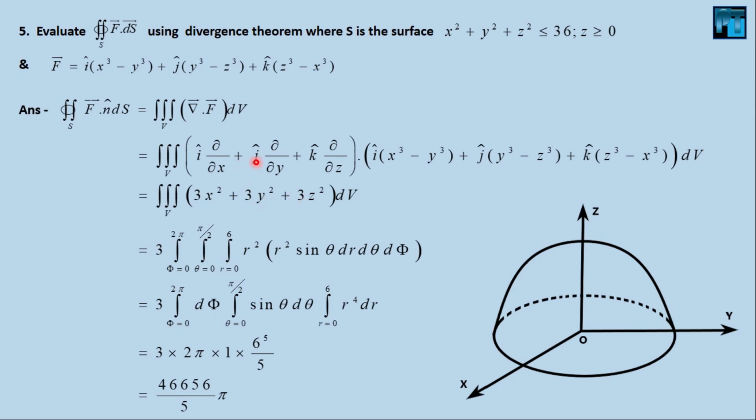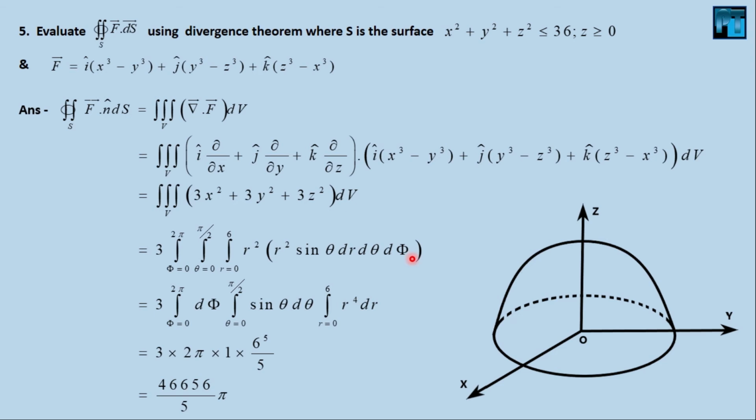Now after the dot product, we have 3(x² + y² + z²) dV. Now what is the value of x² + y² + z²? That is r². And what is the value of dV in spherical coordinates? That is r² sin θ dr dθ dφ. You are already familiar with the spherical and cylindrical surface elements and the volume elements.